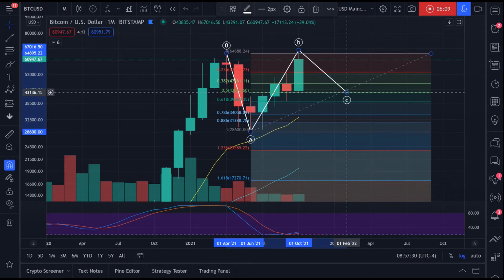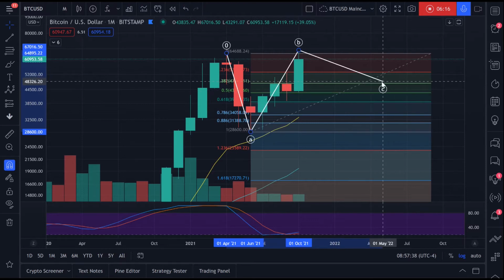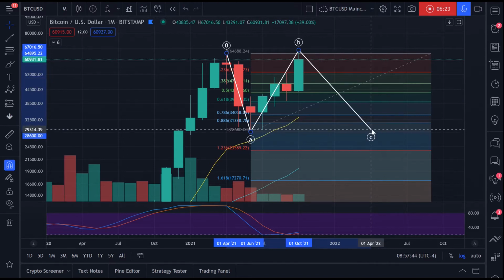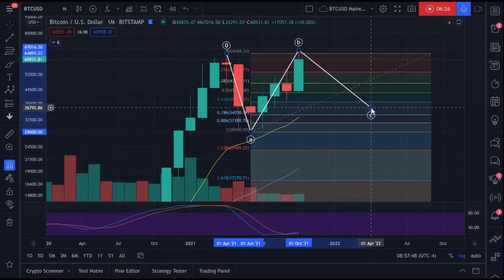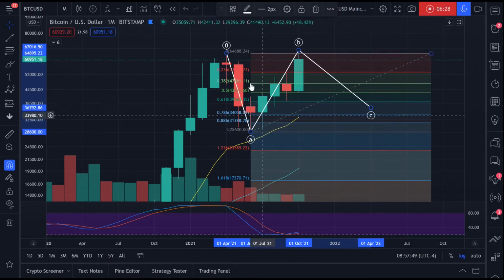Because if you study examples of running corrections, you'll see that wave C can be wherever the hell it wants. It can correct like this, completely sideways, right? It can correct like this. So it's basically a wild card. Now that we have this scenario played out, we have A and B, we know that a running correction is on the table.